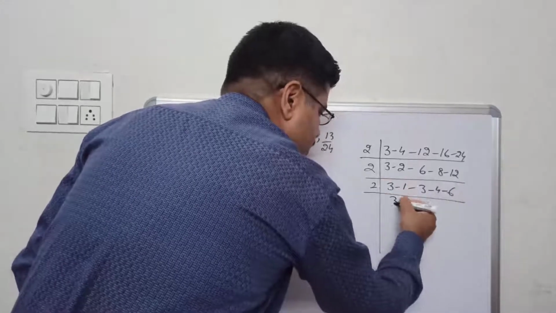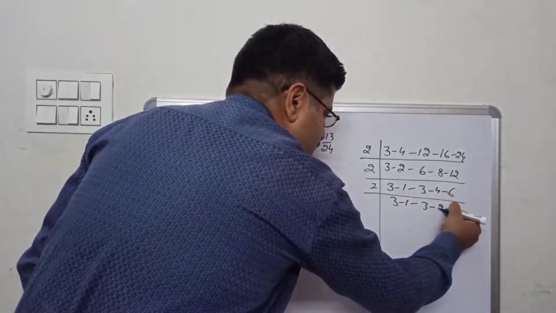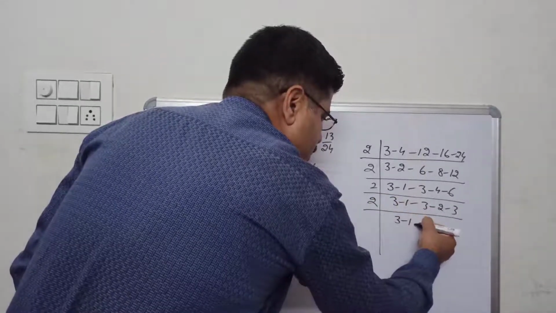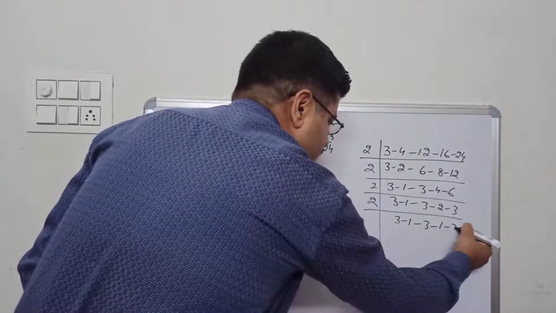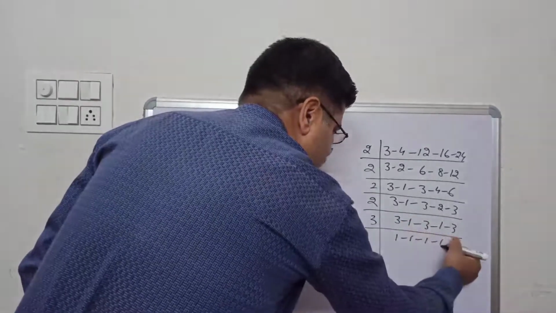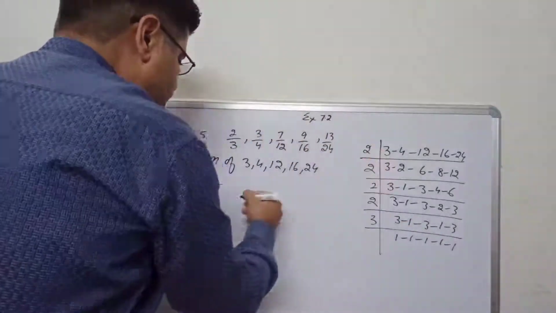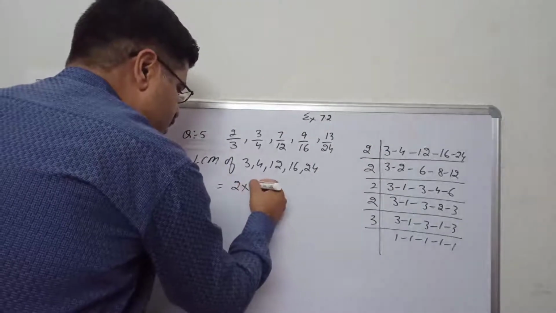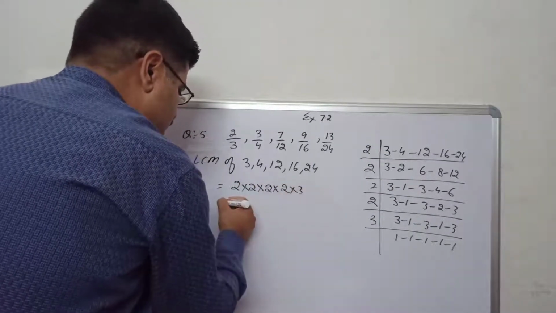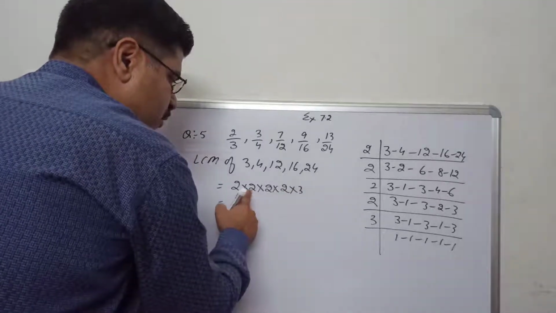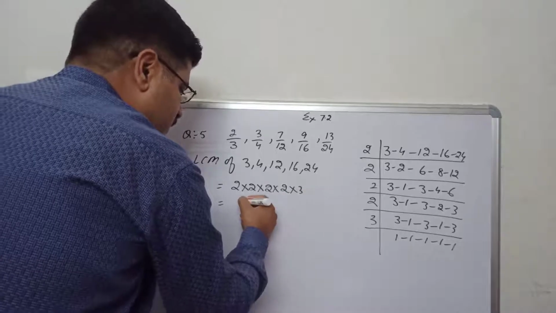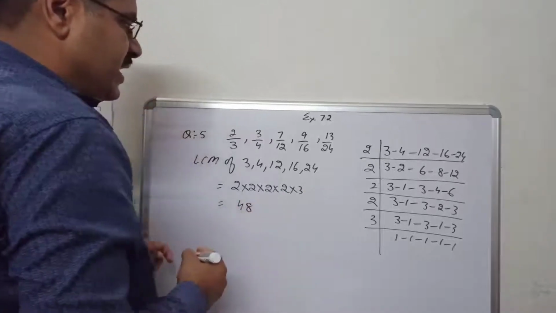By 2 again: 3, 1, 3, 2, 3. By 2 again: 3, 1, 3, 1, 3. Now all are 3, so we will divide by 3. So the LCM will be 2 into 2 into 2 into 2 into 3. So 2 2s are 4, 4 2s are 8, 8 2s are 16, 16 3s are 48. So 48 is the LCM.